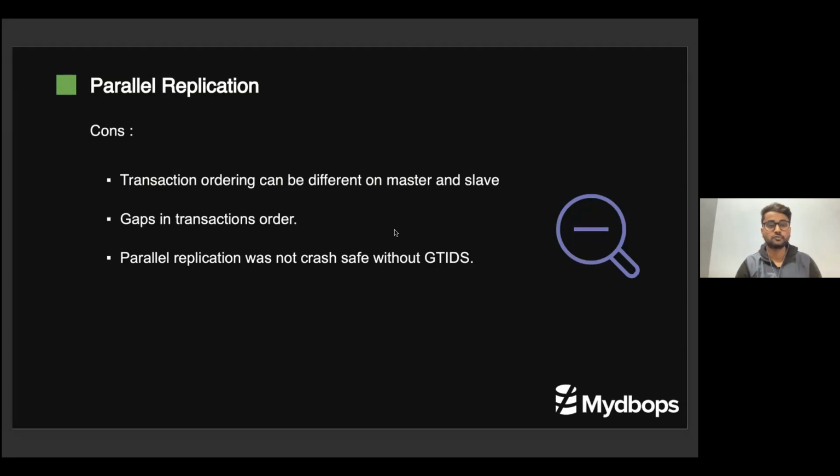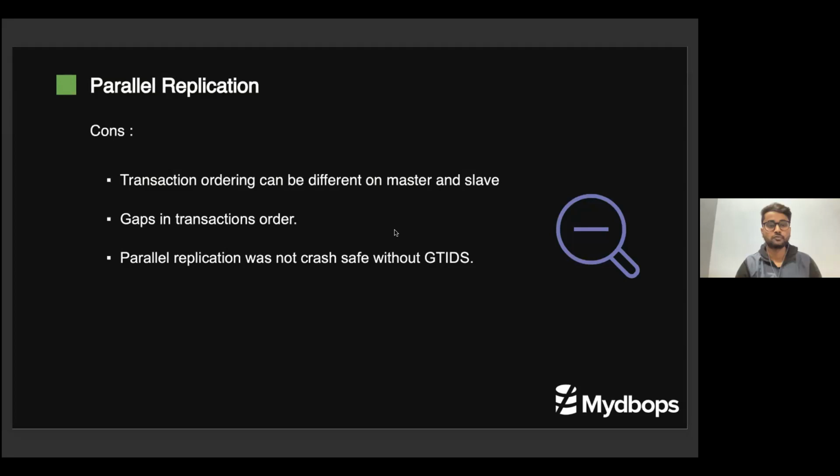This can happen when multi-threading is enabled, like when slave parallel workers and parallel application are enabled. To avoid this gap, we should set slave preserve commit order equal to 1, which will preserve the commit order. So it will commit the transactions on the slave in the same order as on the master.